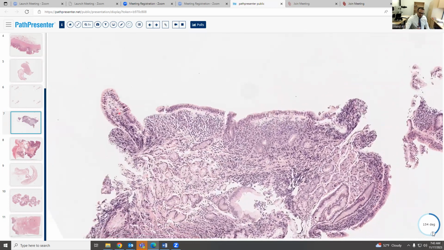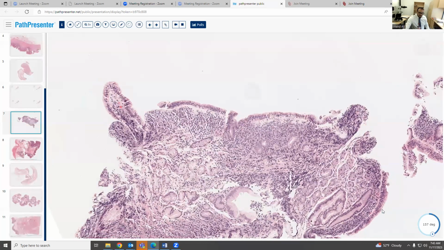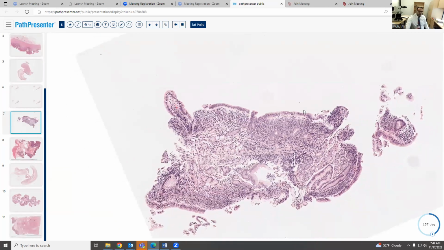The most important thing you need to know is that collagenous colitis is a type of microscopic colitis, or gastritis, whatever the place is. Usually the patients come, let's say, with diarrhea or whatever, and then they do colonoscopy and they see a normal colon or normal mucosa.